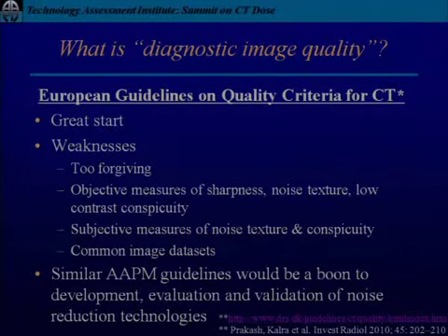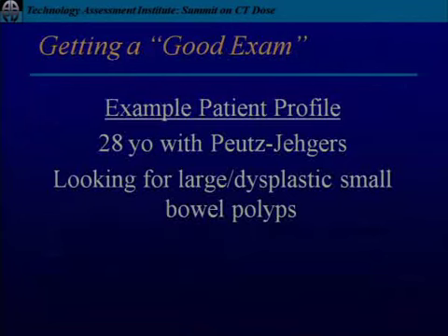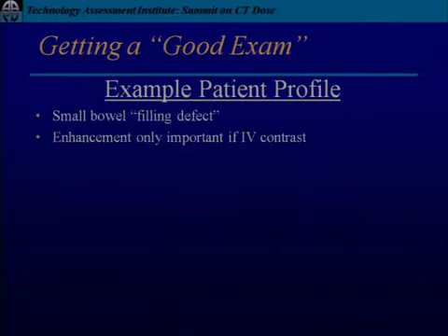And we need standardized subjective measures of noise, texture, and conspicuity, probably from common image data sets. So I think similar AAPM guidelines would be a boon to the development, evaluation, and validation of noise reduction technologies in our practice. So I'm going to skip my example and move on to conclusions.